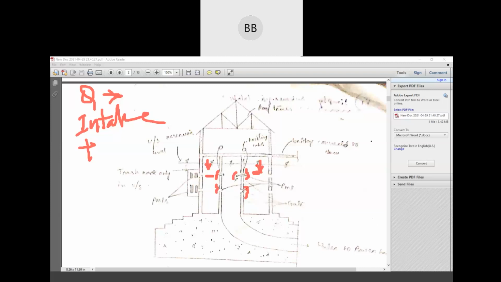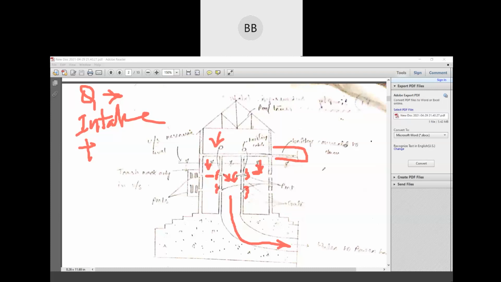Then the water flows into the tunnel and moves towards the powerhouse. How much water we allow, we control by these gates using the hoisting cable. This is also connected by a bridge to the dam.